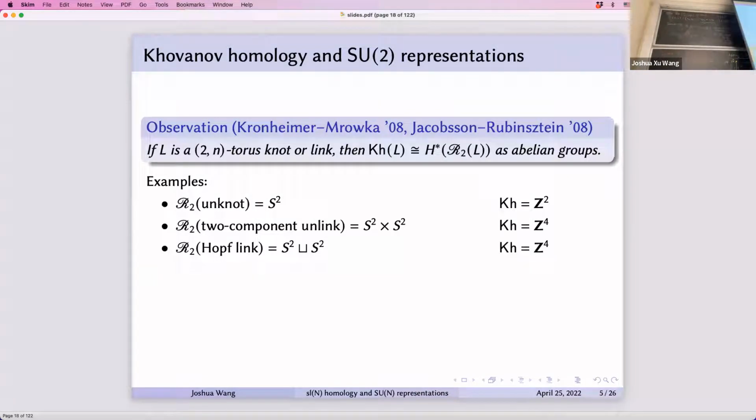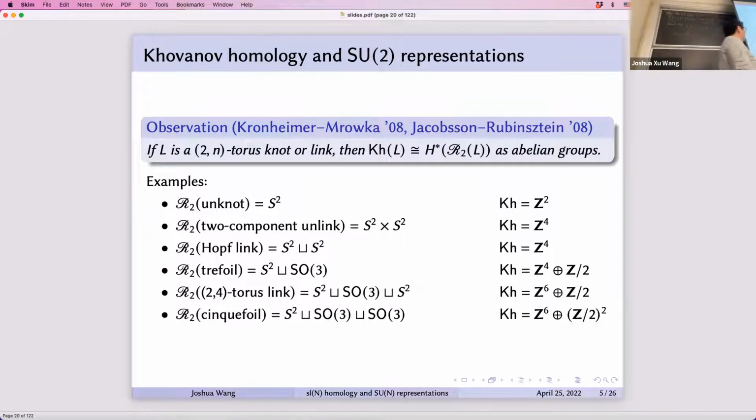If you're very familiar with Khovanov homology, you know that these two Z4s are different looking Z4s, and it's reflected in the representation spaces. We saw this trefoil example, and then just two more for fun. It turns out that for all the 2n torus knots and links, the representation spaces are all just built out of S2s and SO3s.